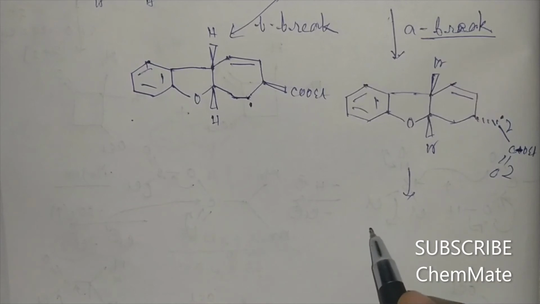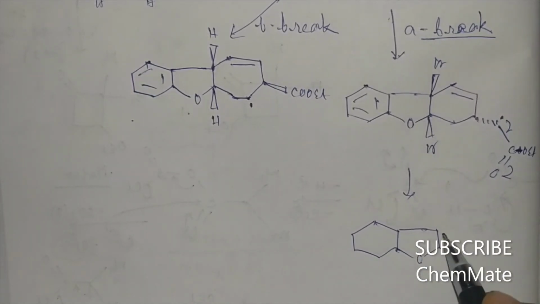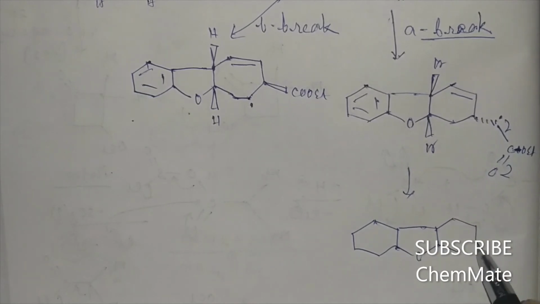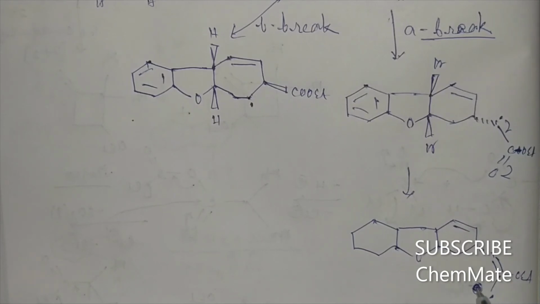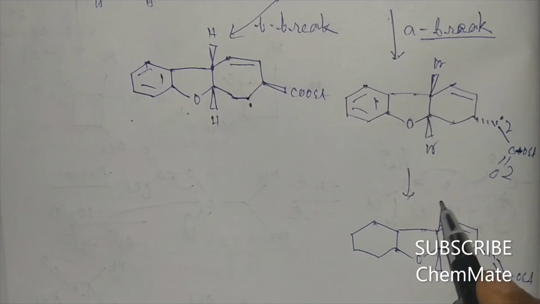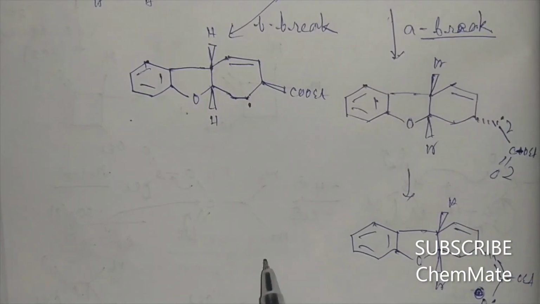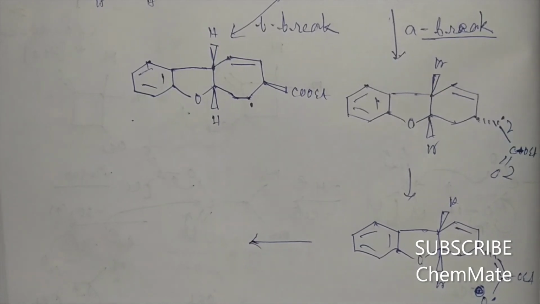So this radical is a resonance-stabilized radical. Sorry, this will be a radical. So preferentially the A bond will break, and the corresponding product of A will be formed.